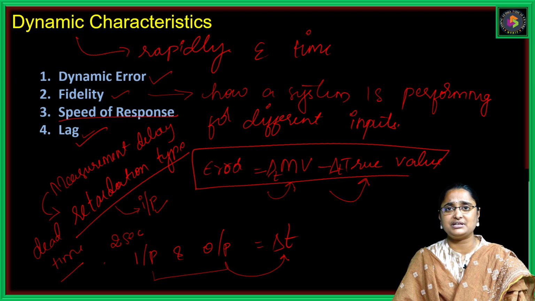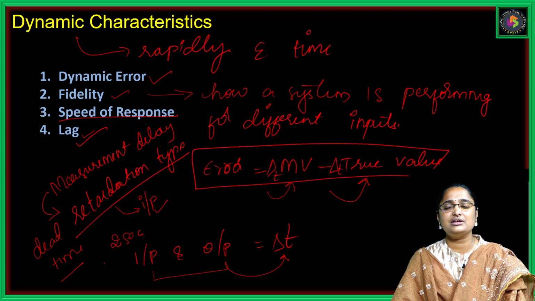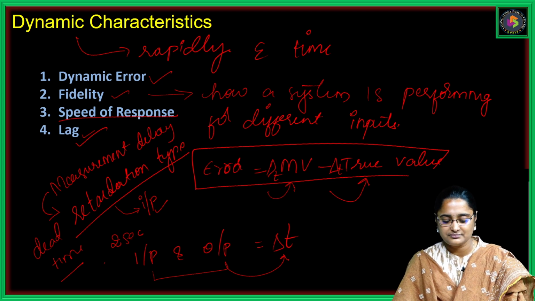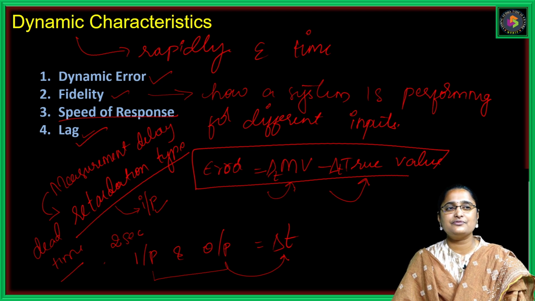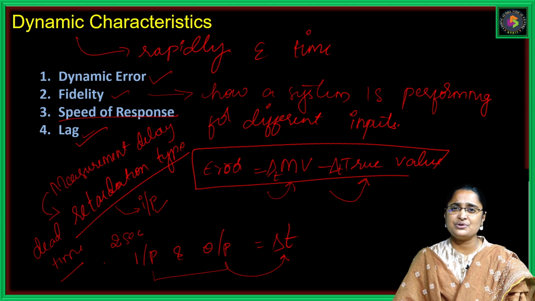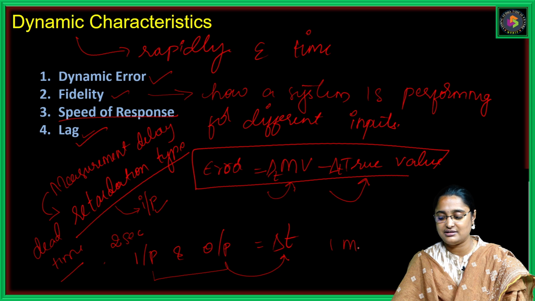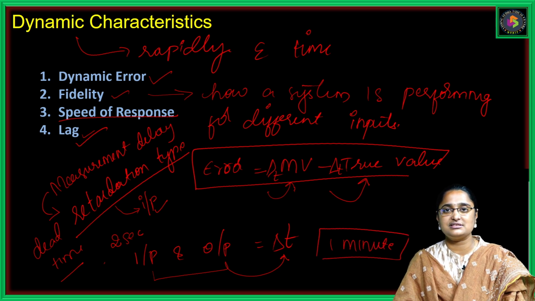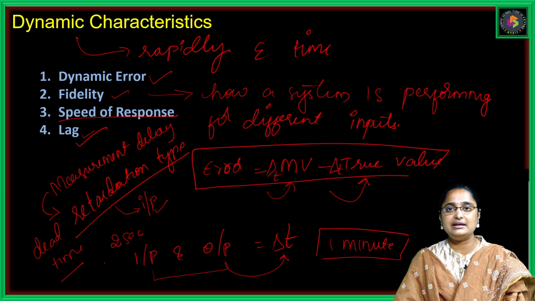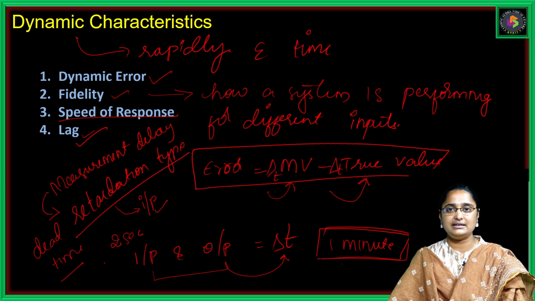It takes some time and then it shows you in the output. For this you can take the example of a thermometer. Whenever you put in the thermometer, it takes a delay gap of 1 minute, right? At least 1 minute you need to keep the thermometer on yourself so that you get a reading. So this 1 minute is considered the dead time.